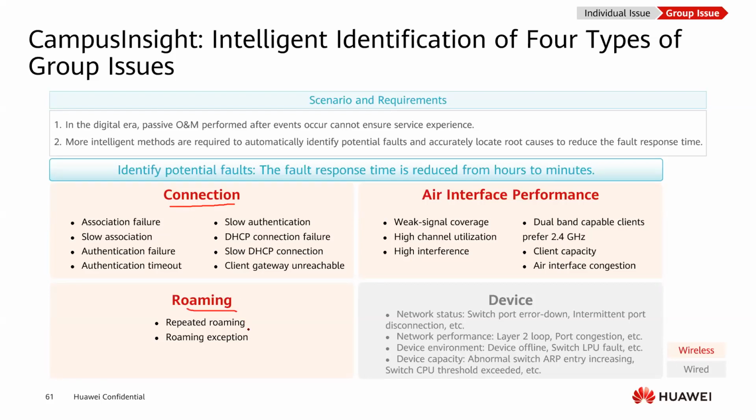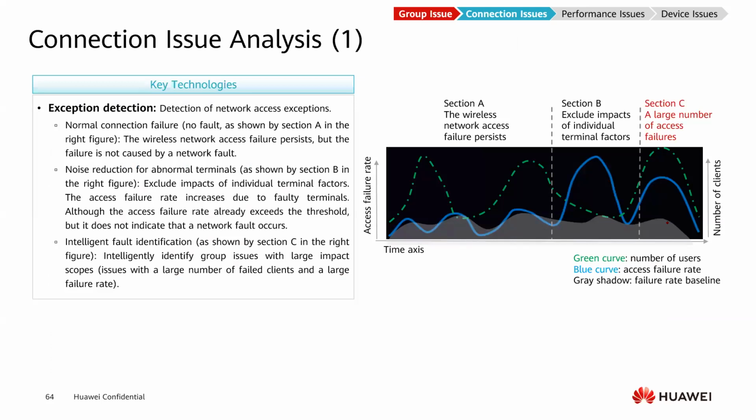Also for roaming, repeated roaming and roaming exceptions, and for air interface performance such as weak signal coverage and high interference, and also for wired devices such as network status, network performance, and others. It can detect so many issues, and we only talk about several of them as examples. The first is the connection issue.